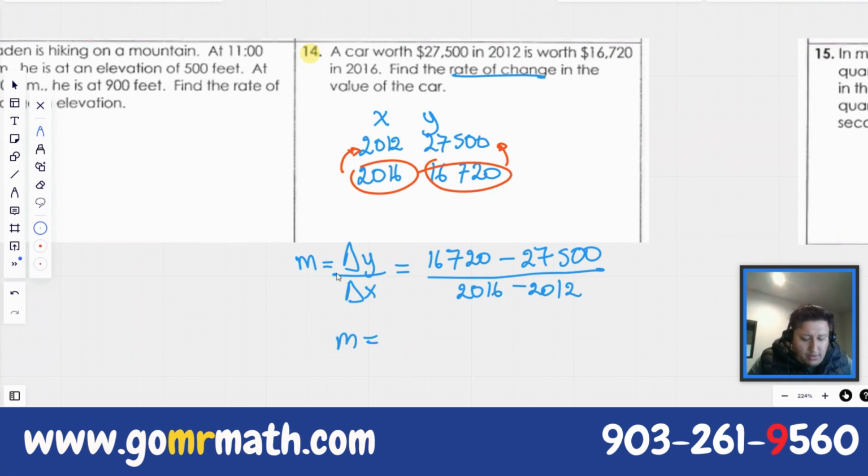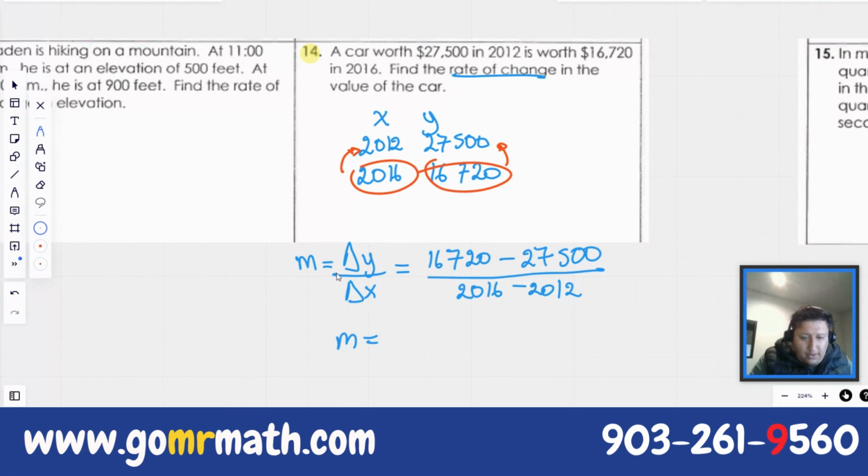So let's process this. It says 16,720 minus 27,500 divided by 2016 minus 2012.